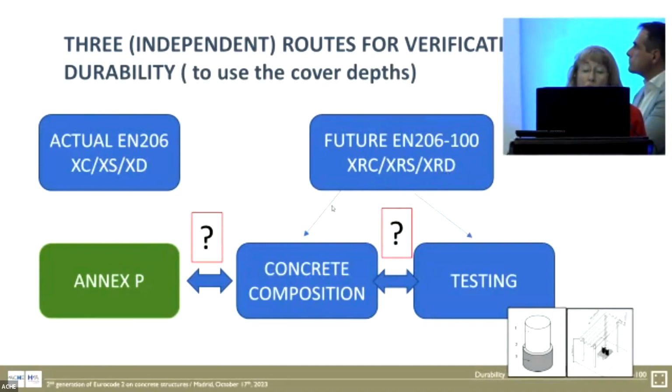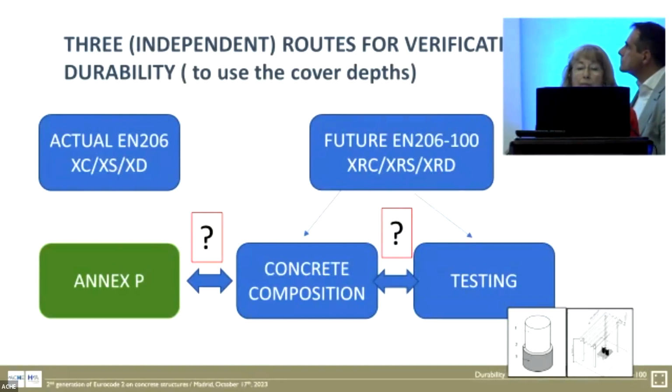And you can comply, again, by concrete composition, not yet decided, but that will very much be nationally decided, because the cements are different in each country, but there will be some general rules in the EN 206 part 100, or by testing.